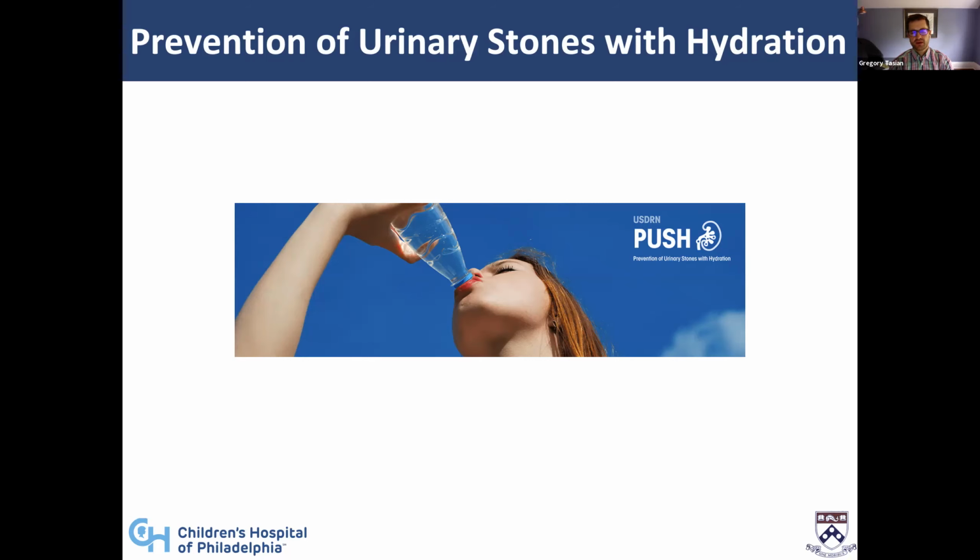The second example that I'll give here, and where we'll conclude, is the Prevention of Urinary Stones with Hydration trial. This is an NIDDK-funded trial being conducted at 6 sites in the United States, with CHOP and Penn being one.